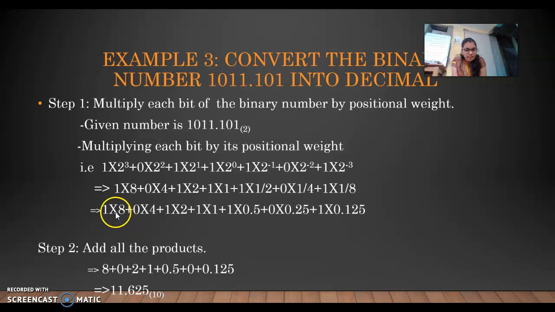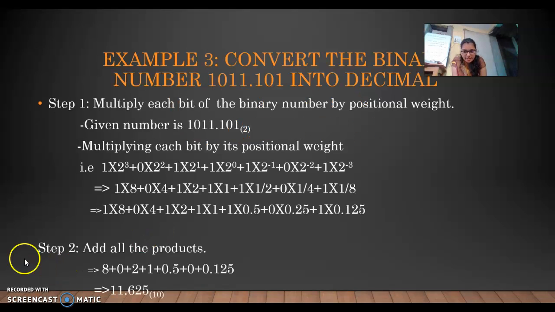Going to the next step: 1 into 8 plus 0 into 4 plus 1 into 2 plus 1 into 1 plus 1 into 1 by 2, which is 0.5, plus 0 into 1 by 4, which is 0.25, plus 1 into 1 by 8, which is 0.125.